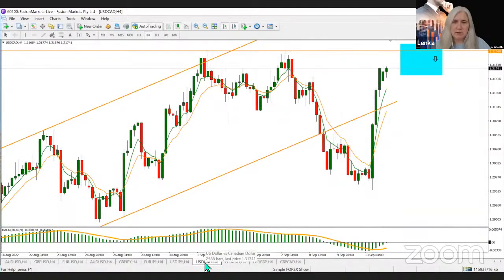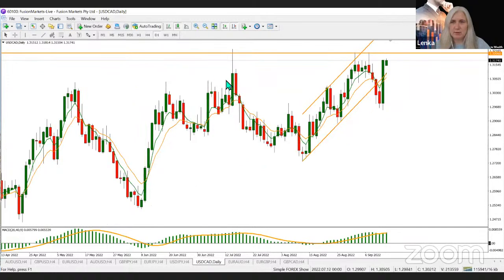Next one is USDCAD. And USDCAD, I'm going to be looking for short opportunities here. So we've got a level of resistance there being tested, and it's now approaching. We only have a short little bit of space left.